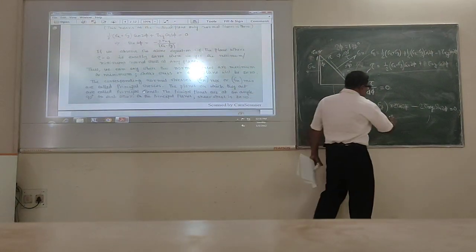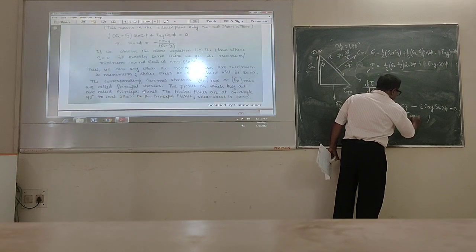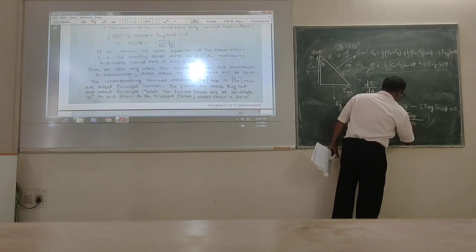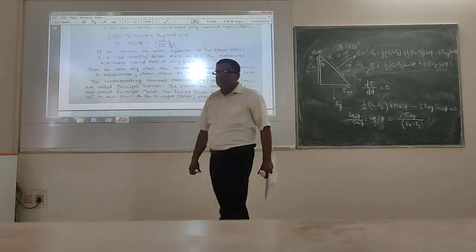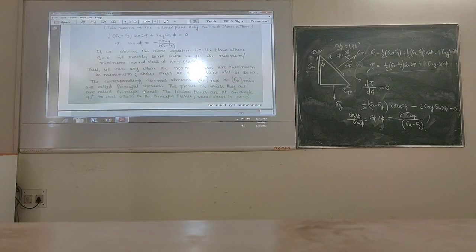And cot 2 phi will become equal to twice tau xy by sigma x minus sigma y. Have you understood? So d tau by d phi equal to 0 produces the condition cot 2 phi equal to 2 tau xy by sigma x minus sigma y.